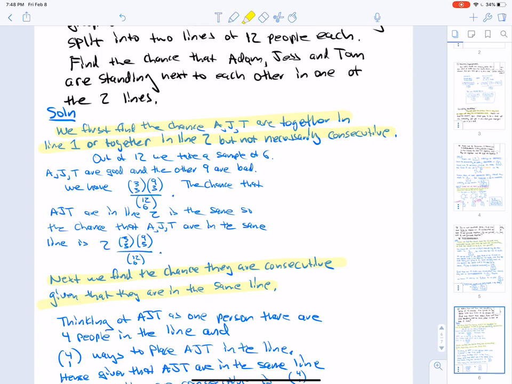So this is the chance that Adam, Jess, and Tom are in the same group, in line 1 in particular, but not necessarily consecutive in that line. And you could apply the same reasoning to line 2. So we'll get 2 times 3 choose 3, 9 choose 3 over 12 choose 6.